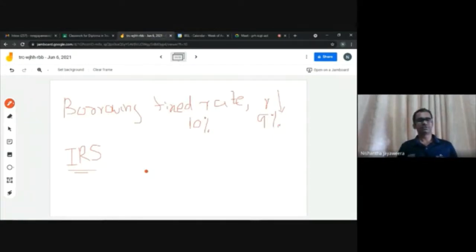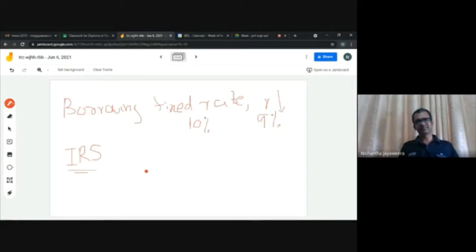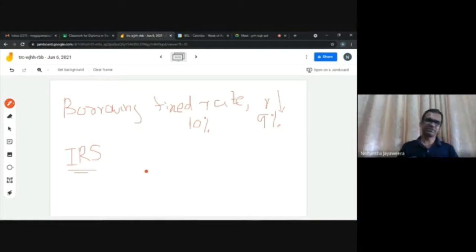No, you may not be able to fix the rate whatever you want, because that derived from the market. That based on the prevailing market rate, that fixed rate is decided for an interest rate swap for a given tenor. What is the fixed interest rate? It will be decided based on the prevailing market rates.